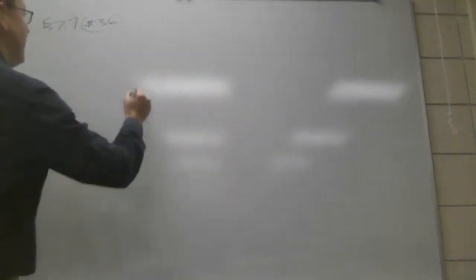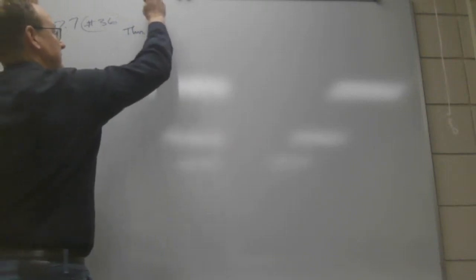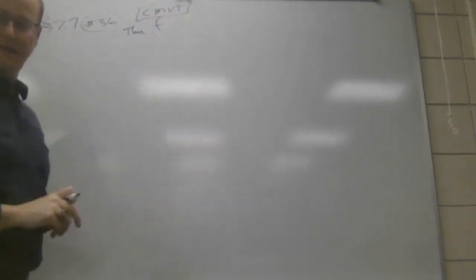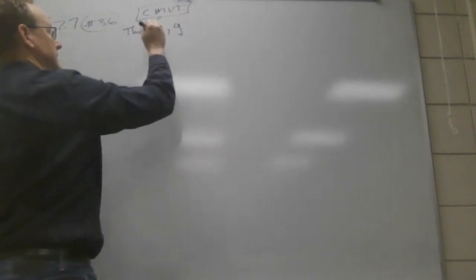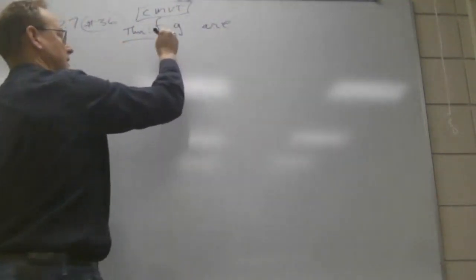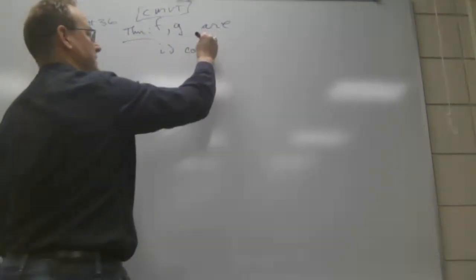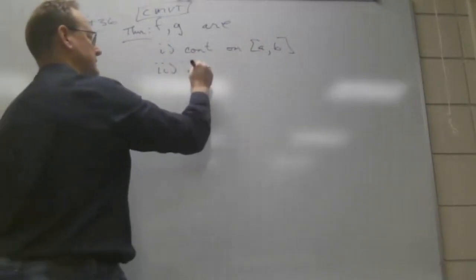What Cauchy's mean value theorem says, basically, is we've got two functions. Instead of MVT for mean value theorem, I call it CMVT, Cauchy's mean value theorem. f and g are two functions, and they are continuous on the closed interval, differentiable on the open interval.